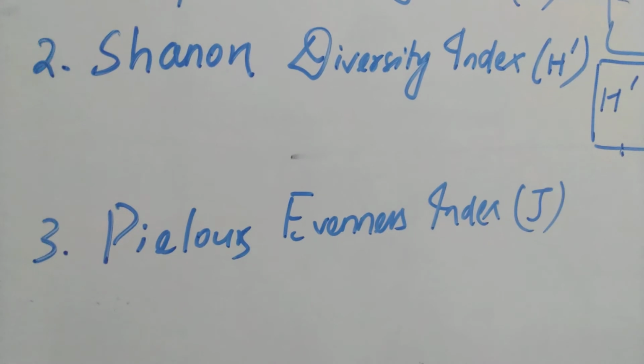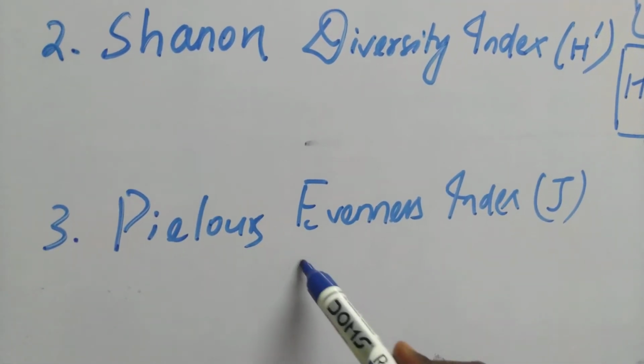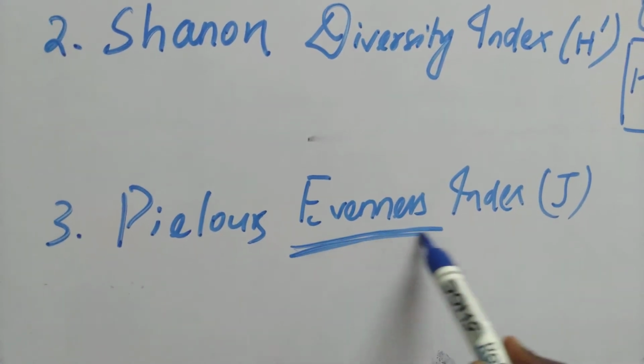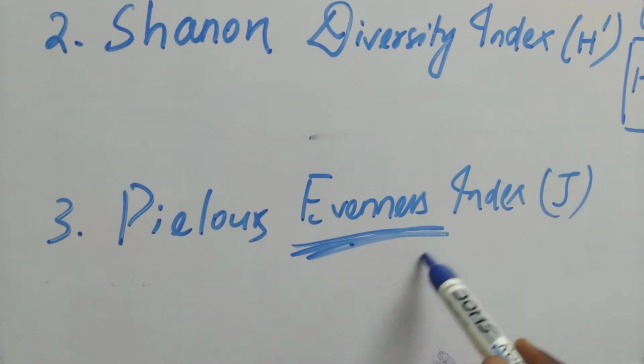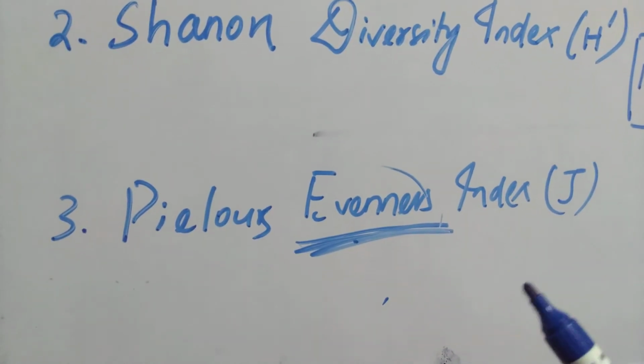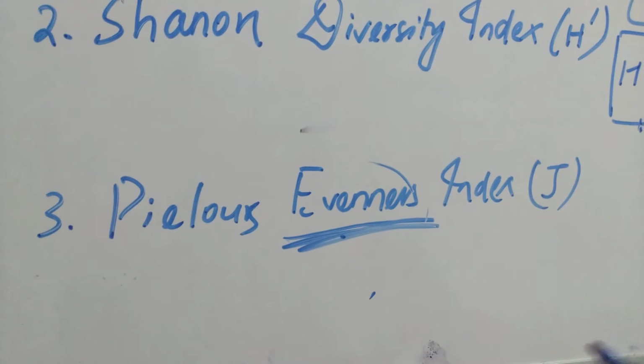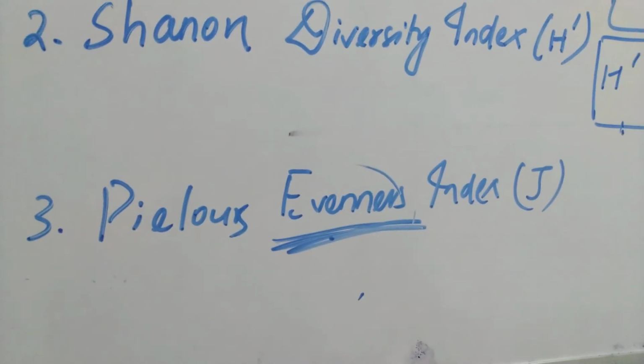The third one is Pielou's evenness index. You can get an idea of what it generally tells, that is evenness. If one sample is there, how even the species are accordingly, the Pielou's evenness index tells you about that.